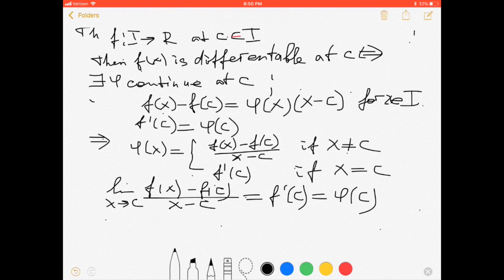And what do we have? We have the limit of our function phi(x) as x approaches c is exactly equal to phi(c). This means function phi is continuous, and its value at point c is equal to the derivative of function f at point c. Great. We proved the second part of our theorem.